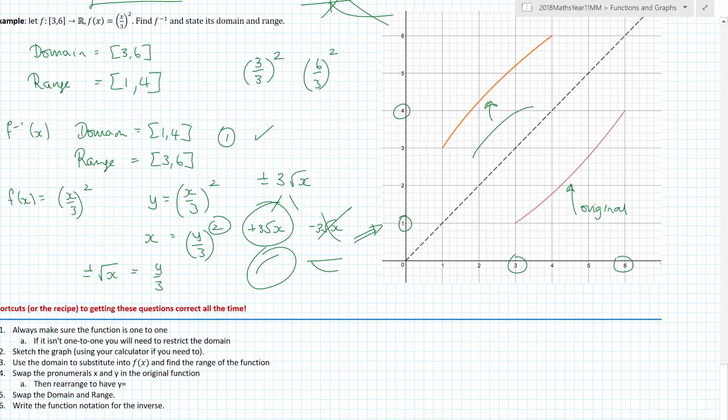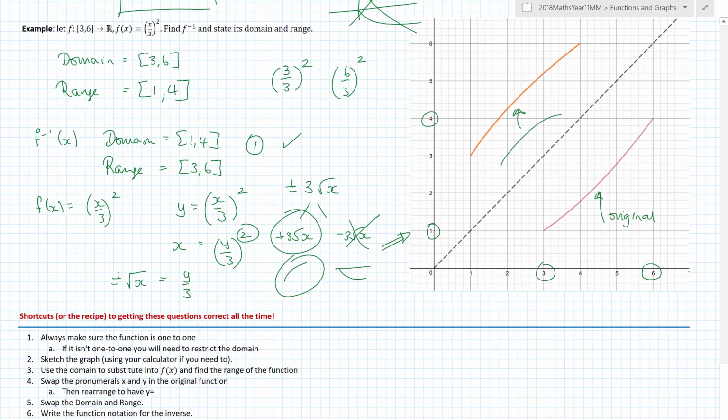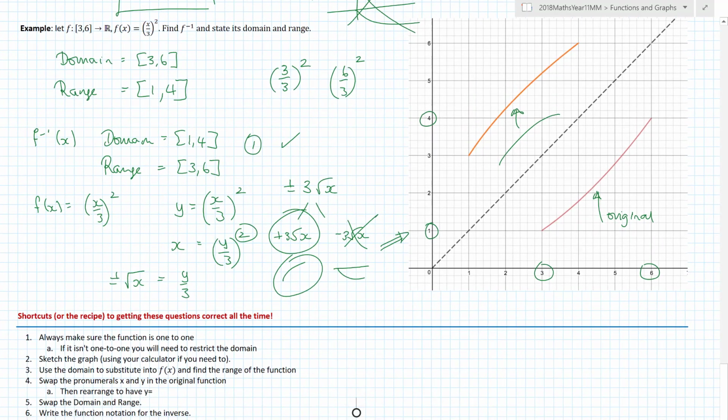So, having narrowed this down, I've now got to actually state its domain and range and find the function. So, f to the minus 1 with a colon of my domain, which we found out to be 1, 4, is mapped onto real, of f to the minus 1 of x is equal to my new formula, which is 3 root x. It's the positive. I don't need to write that positive, so it becomes 3 root x.